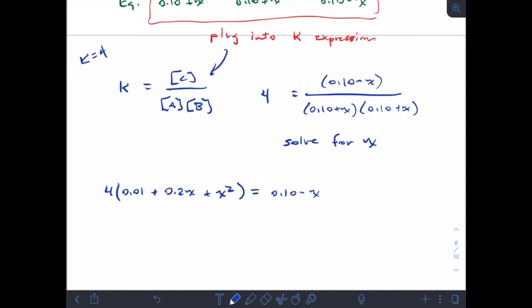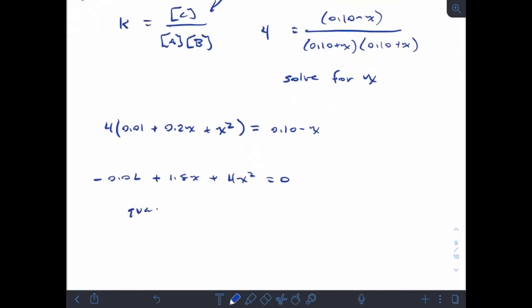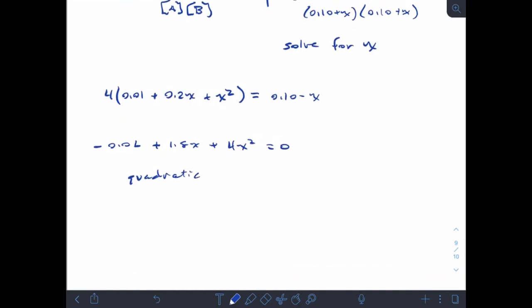Right, and we rearrange the whole thing to set it equal to 0, and so we'll end up with negative 0.06 plus 1.8x plus 4x squared equals 0, and that is a quadratic. And in this case, we will need the quadratic formula. All right, so hopefully everybody remembers negative b plus or minus square root of b squared minus 4ac all over 2a equals x.